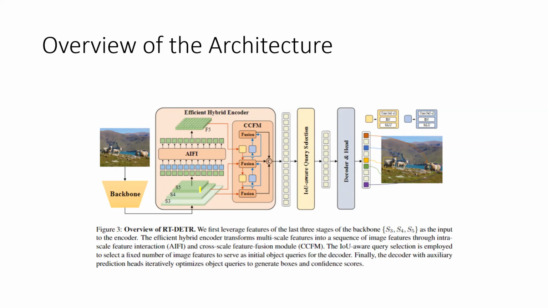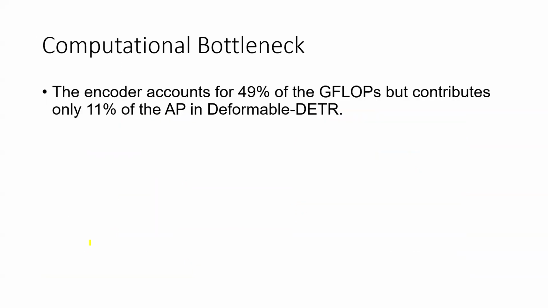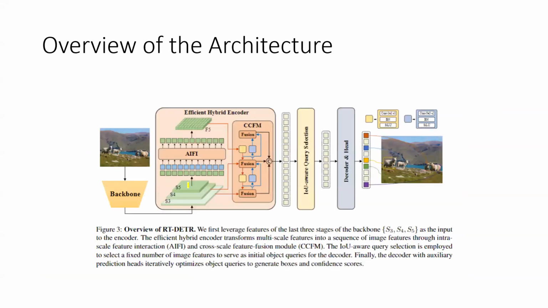When they take features in the AIFI module, if they take all the features, which is this D, the redundancy of features might cause a decrease in performance and an increase in computation.